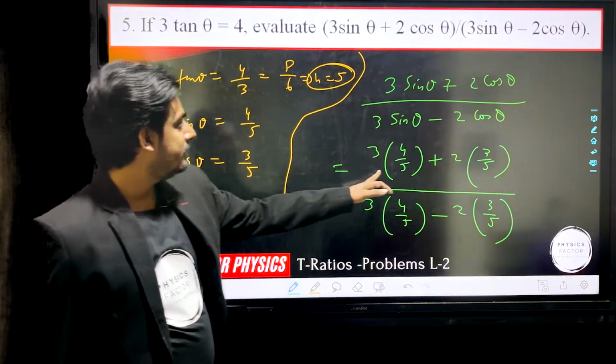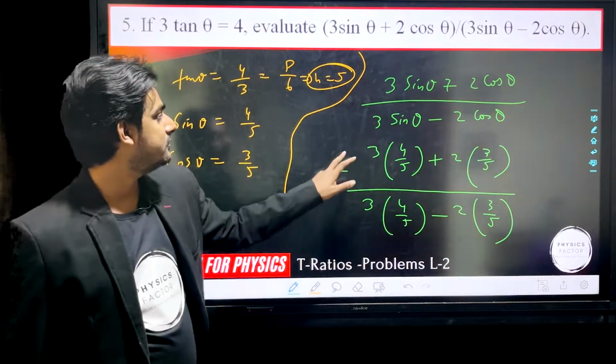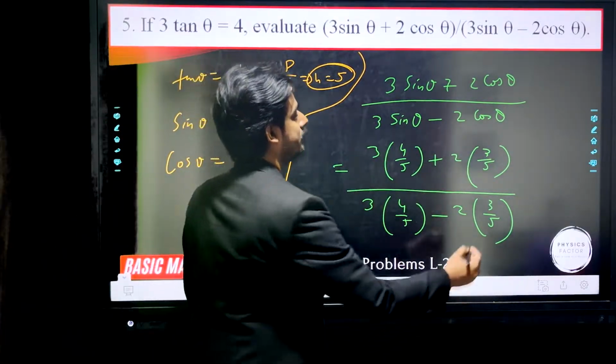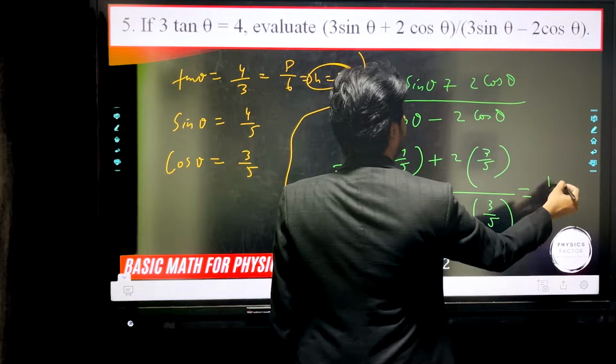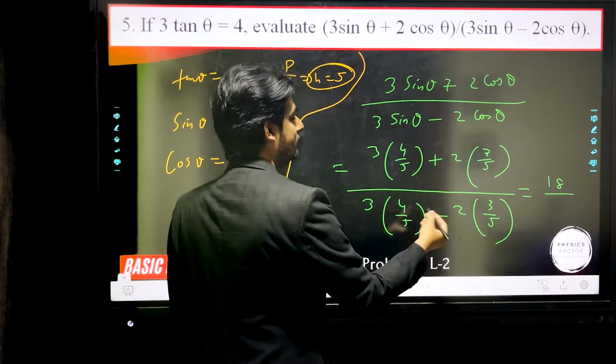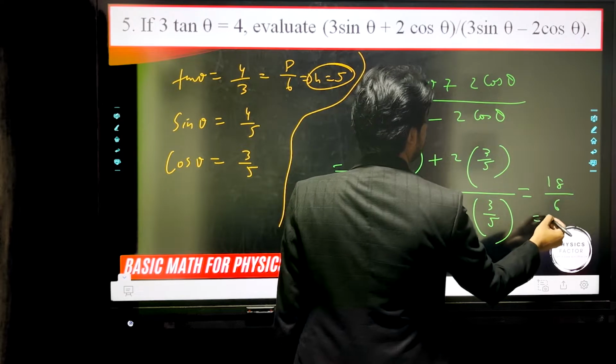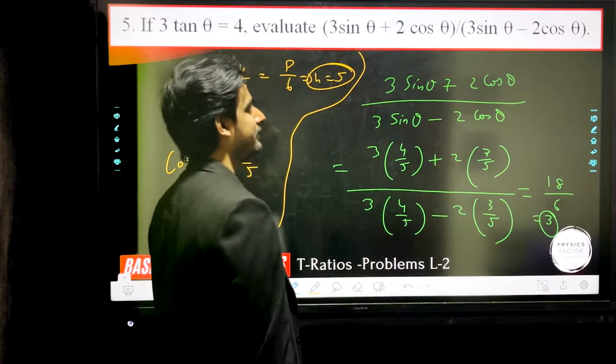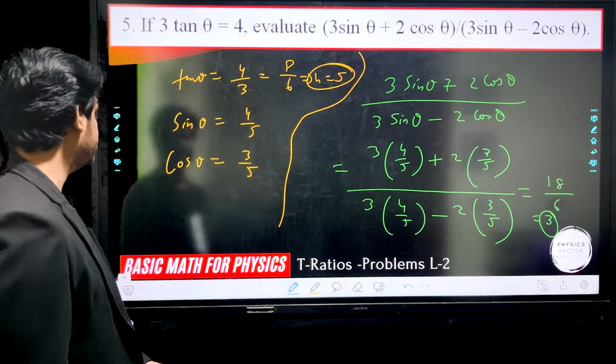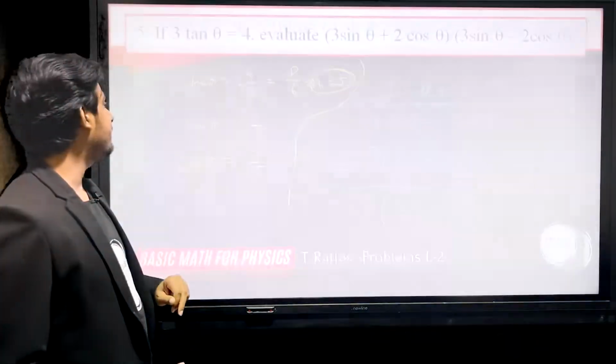You can see here the denominator 5 got cancelled everywhere. So 12 plus 6, 18, upon 12 minus 6, 6. So the answer is 3. So 3 is the correct answer here. Let's move to the next question.